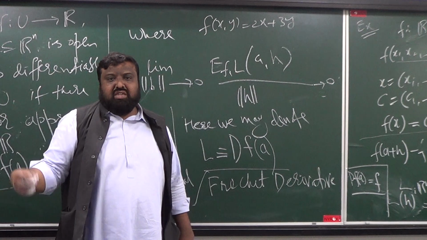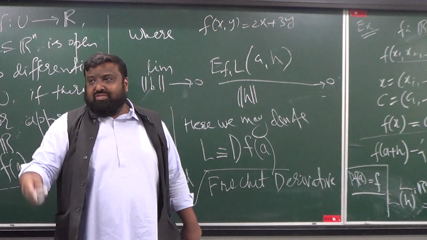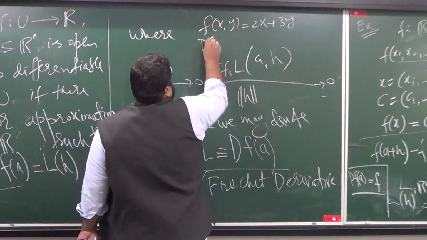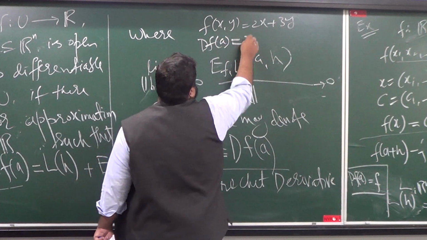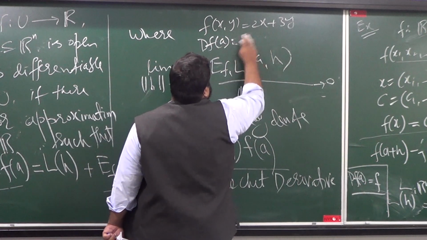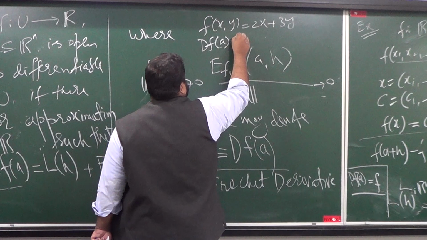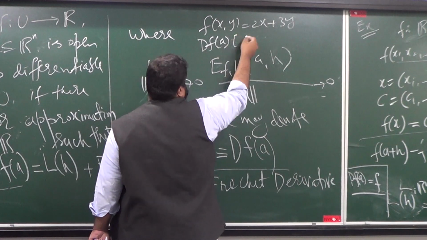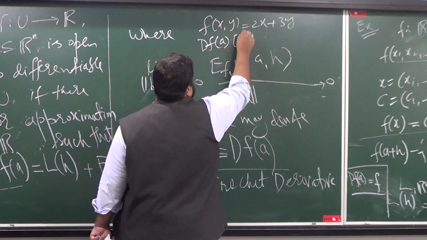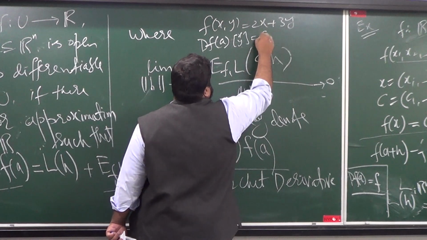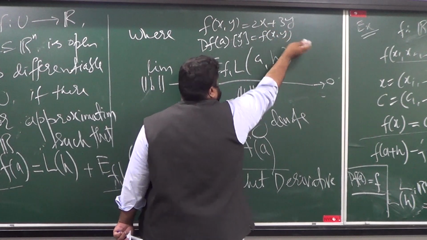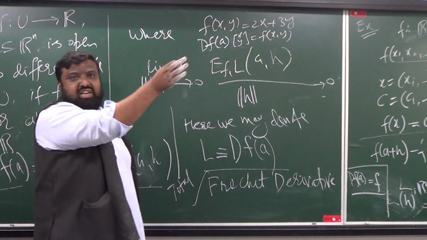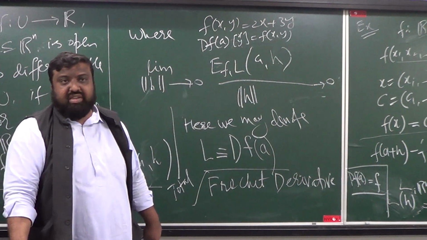You're going to say itself. The derivative of this function at any point a, operated onto some h, or maybe x y, doesn't matter, would be equal to f of x y itself. So every linear thing has the same derivative.